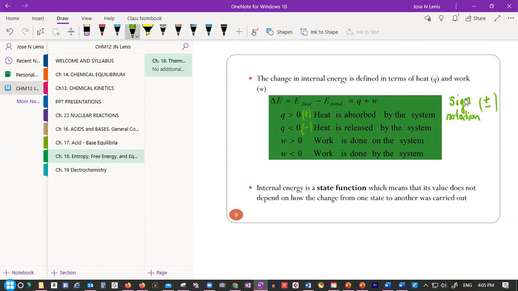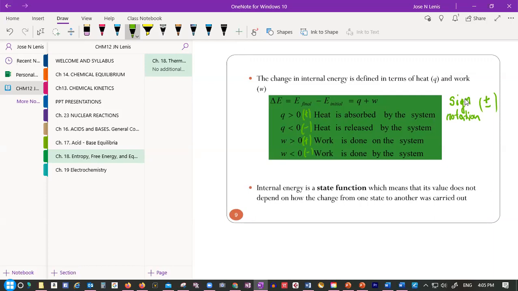Another example is work. When work is positive, that means surroundings are doing work on the system. When work is negative, less than 0, that means the work is done by the system on surroundings.